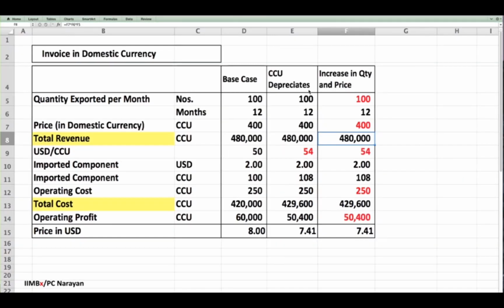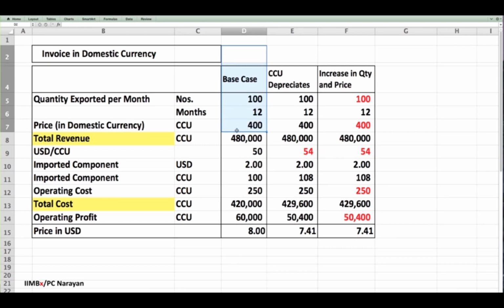The second example we are going to look at is a case of a Utopian exporter exporting to an importer in the United States. Let's understand the base case. The quantity exported per month is 100, obviously 12 months in a year. The price in domestic currency.